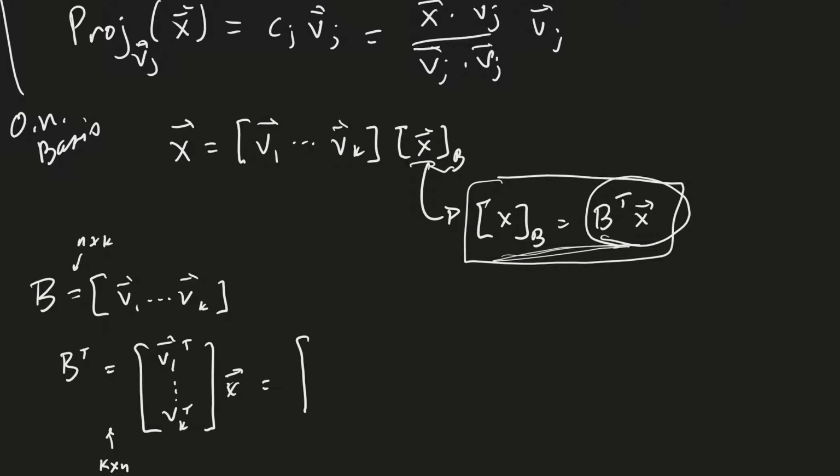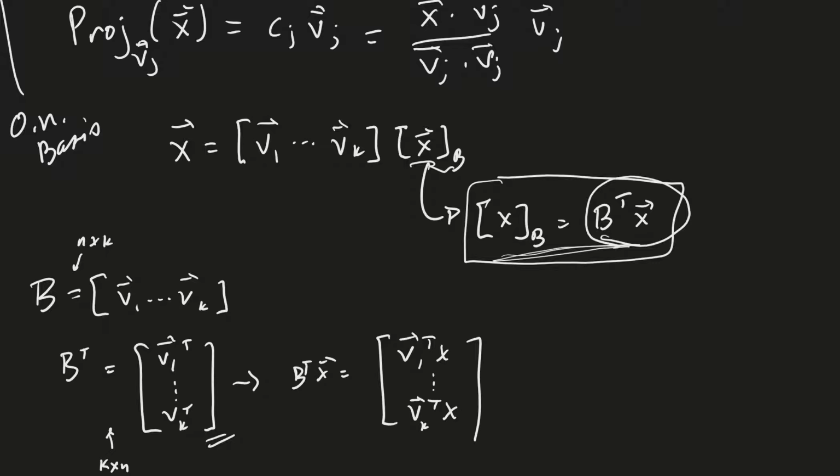So B transpose x is going to be, I'm just going to multiply this vector here by x, so that's v1 transpose times x through vk transpose times x.